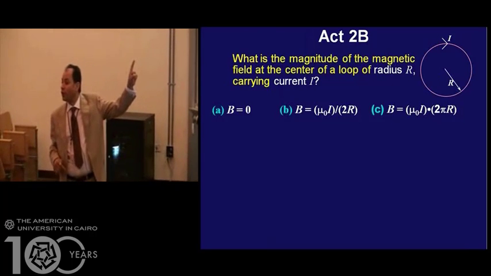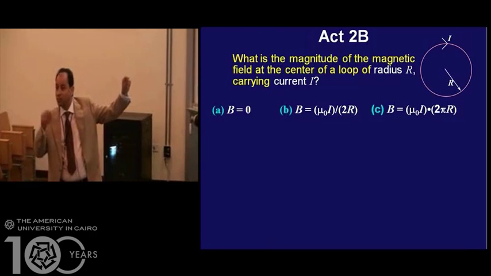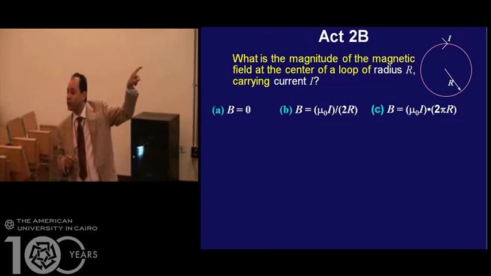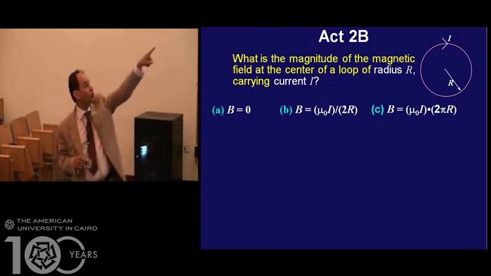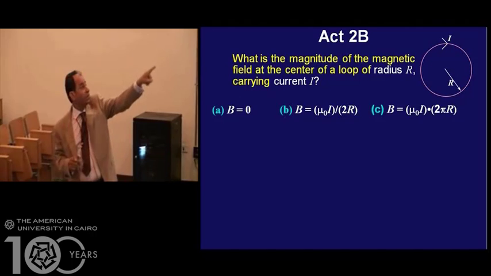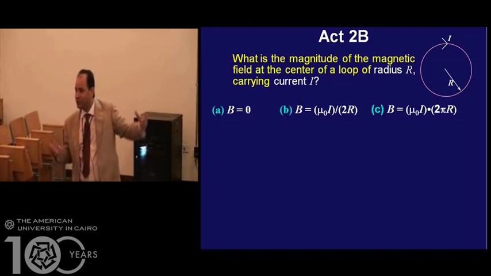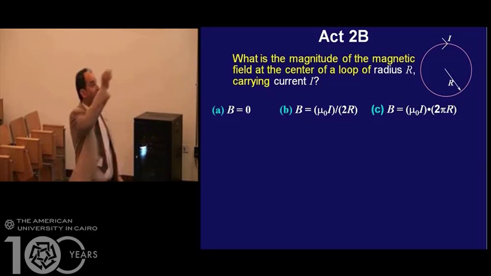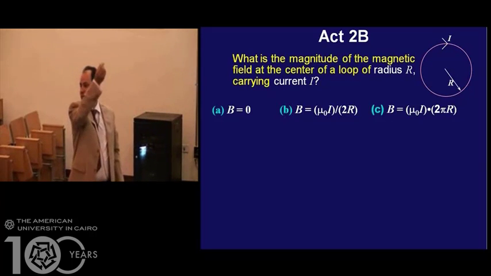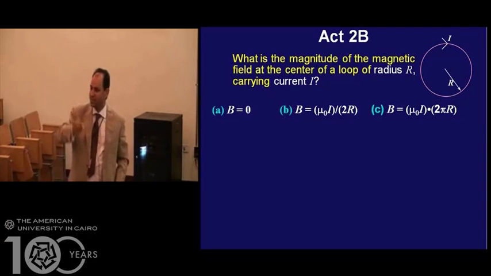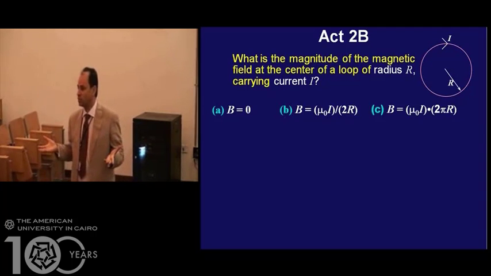What's r in that case? The distance between that segment and the point that we're trying to find the magnetic field at, which is capital R, divided by r cubed. That capital R and that r cubed are constant. It doesn't matter where you take that segment, the distance between the segment and the center is always constant.